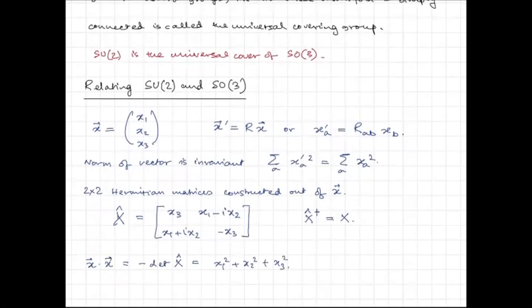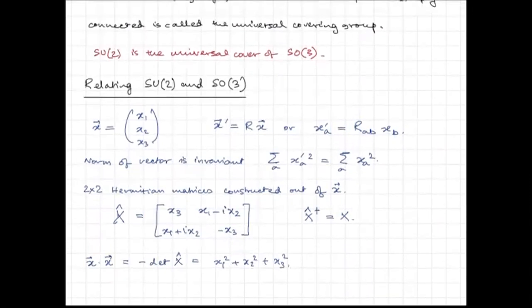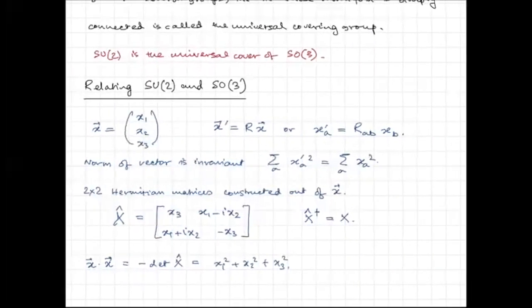Now let's look at a general matrix of SU2. So A belongs to SU2. And we define a linear map. This linear map takes X cap to X cap primed, equal to A X cap A dagger.